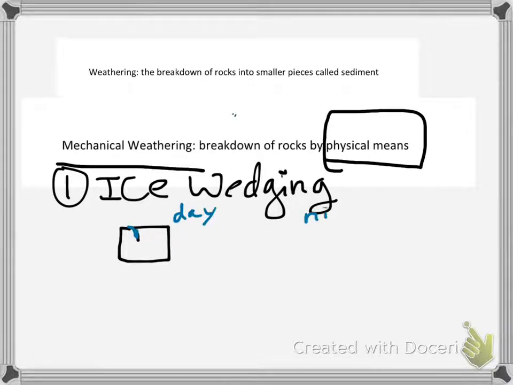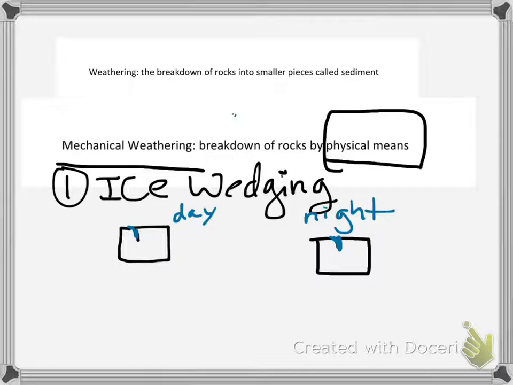And then overnight, same rock, same little crack. Overnight it gets really, really cold, and that ice freezes. And water, when it freezes, expands. As you know, if you've ever put a water bottle in the freezer, and then the lid's popped off, or the bottle becomes a funny shape afterwards.